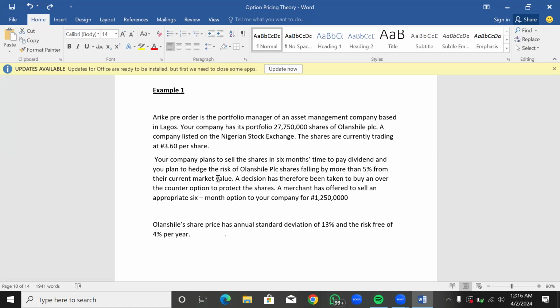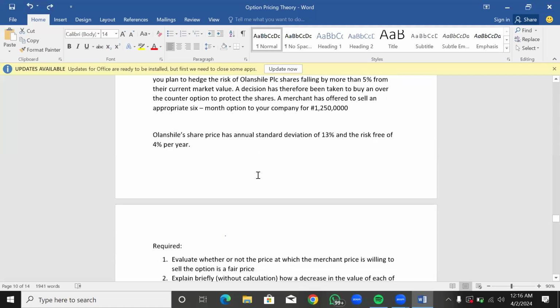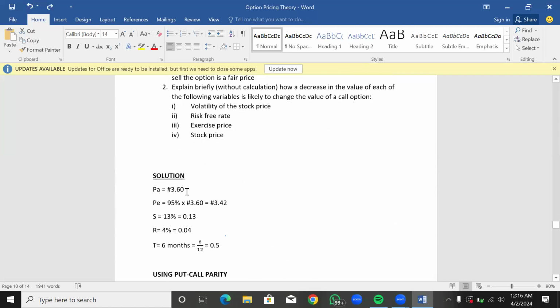That's 0.05 times 3.60. So you have 0.18. Then subtract it from 3.60, so do 3.60 now minus your answer. You still get the same thing. It's just like the growth rate now. Instead of increasing by growth rate, it's just falling by 5%. So that's why we now did 95% of our current market value.